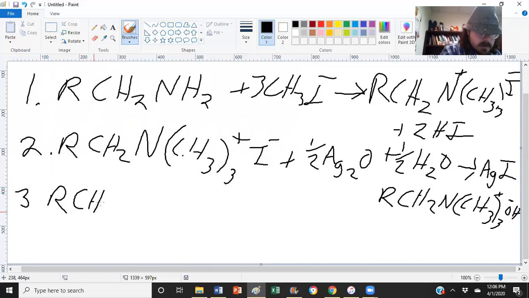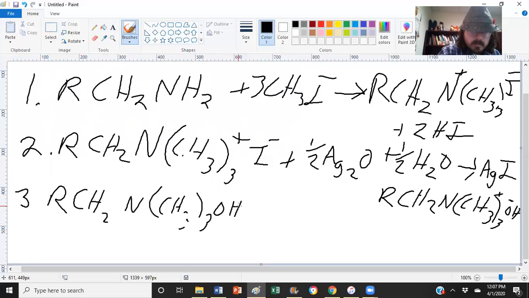Now we're going to just heat that, say 150 degrees, just to try to dry that off. And what we're going to form is a monosubstituted alkene.